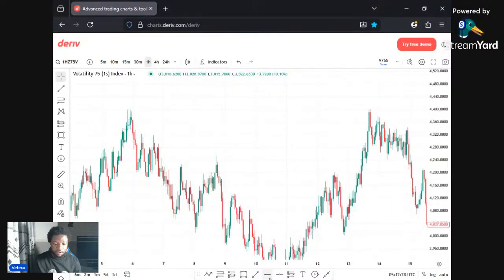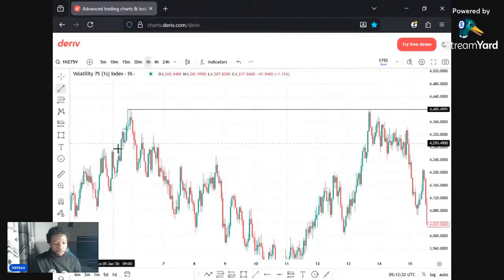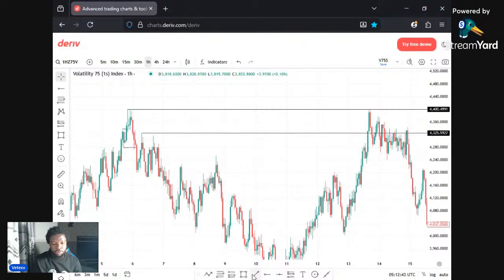I believe you can see it. Then we have our protected high, which is right here. We have our rule number two, which is first break of structure. Rule number three, price retraces 50% to give us structural liquidity. Rule number four, price breaks this low, second break of structure.